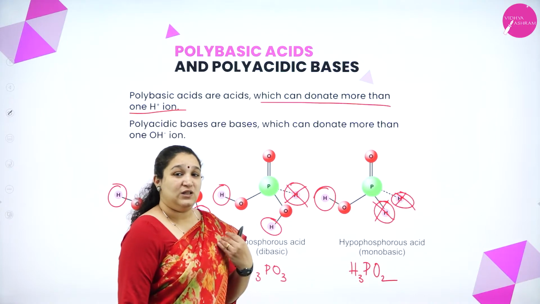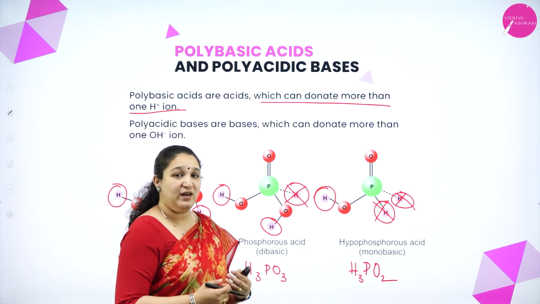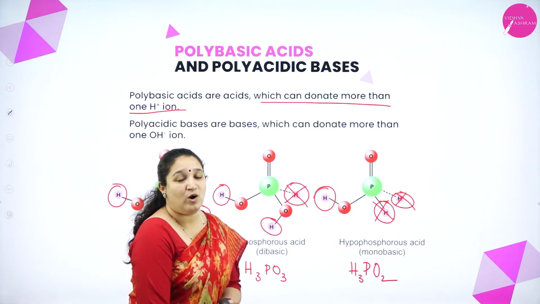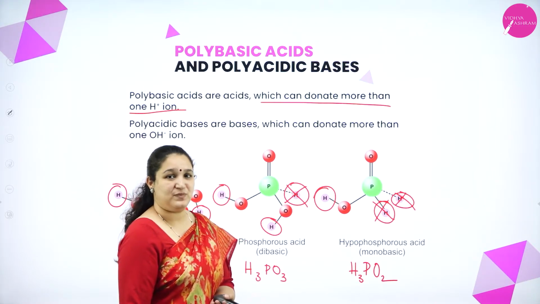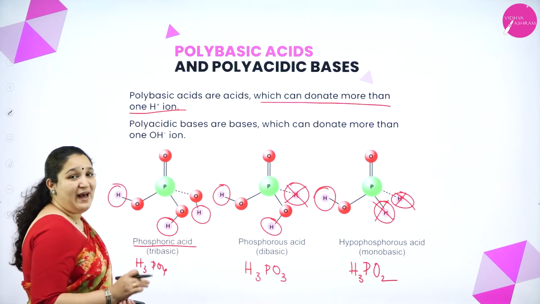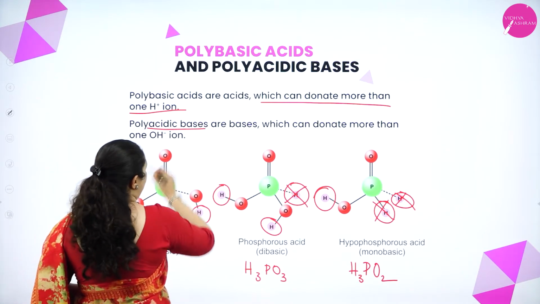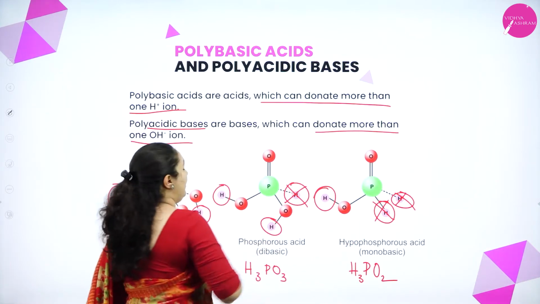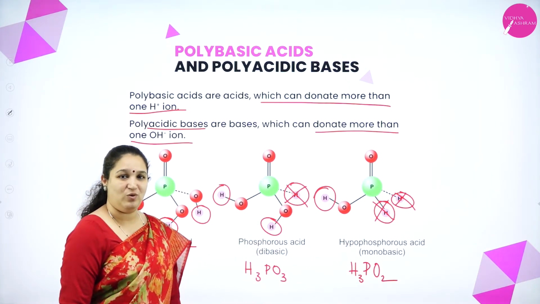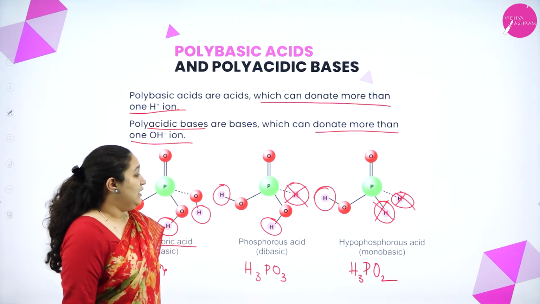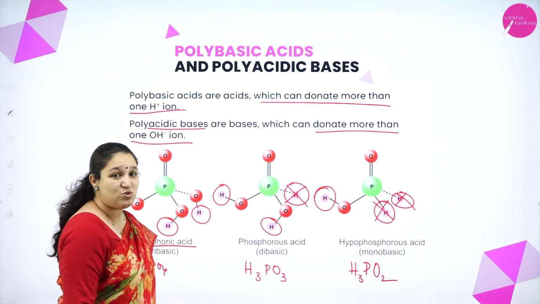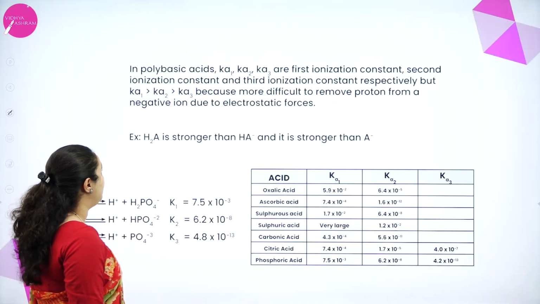So the acids which can give away more than one H plus ion, we call them polybasic acids. Similarly, we have polyacidic bases which can donate more than one OH minus ion. Okay. So next we will learn about their Ka values, that is the dissociation constant values.